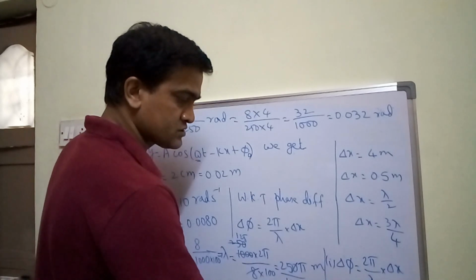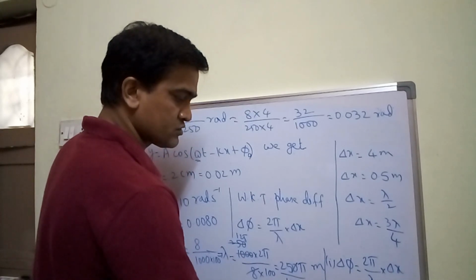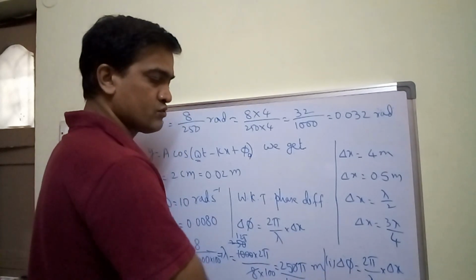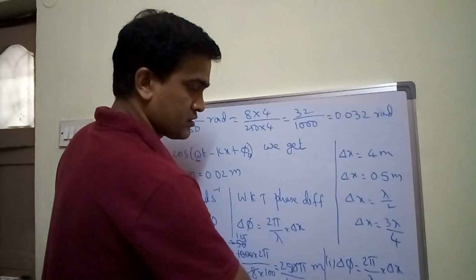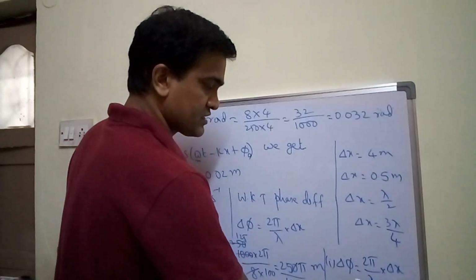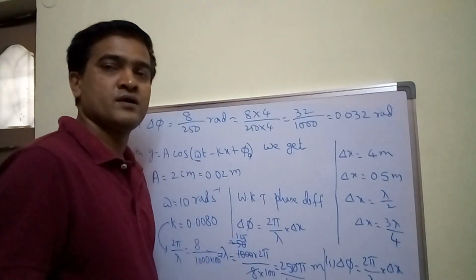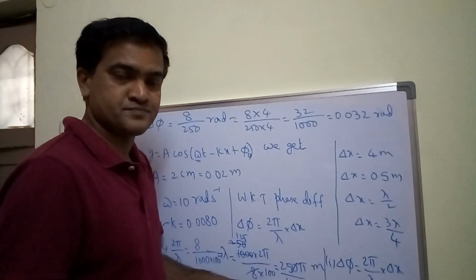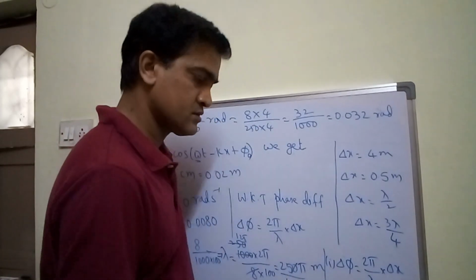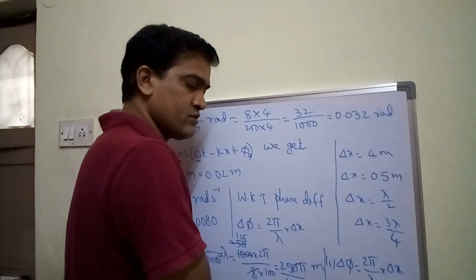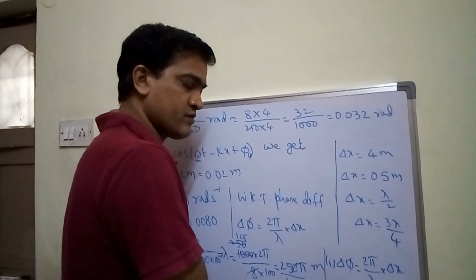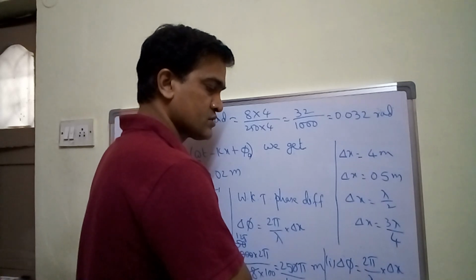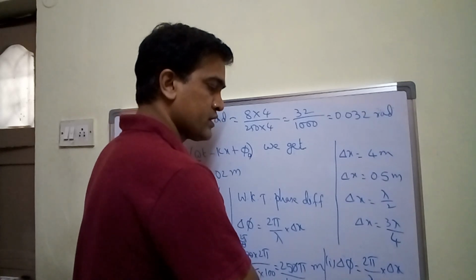So here what you will get is, this is not 250, but instead you write down 2.5 pi, so that pi gets cancelled, and 2 fours are 8. 8 by 2.5, what you will get the answer? 8 by 2.5 is nothing but 8 into 4 by 10, or 20 by 25. 5 fours, 5 fives, 16 by 5. This comes out to be 3.2 radian.